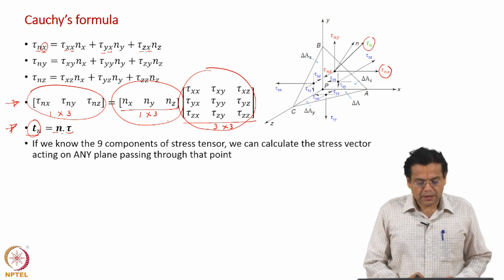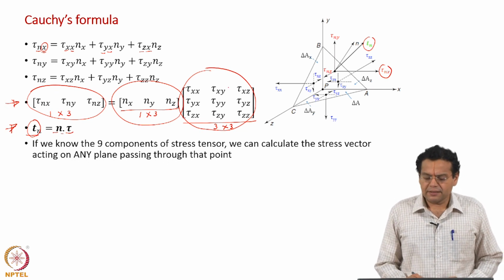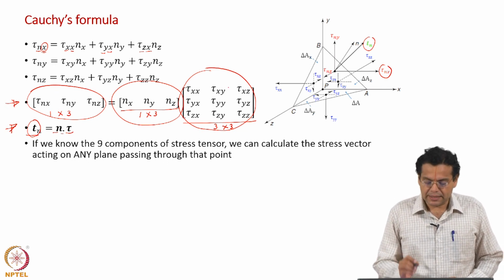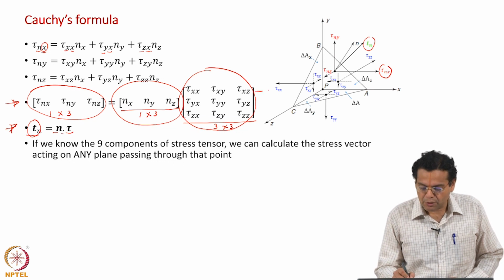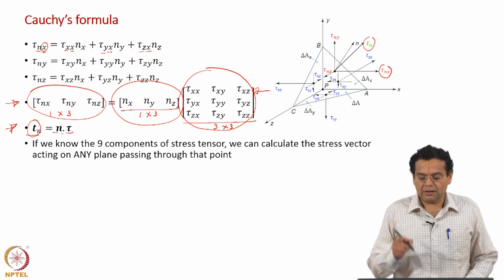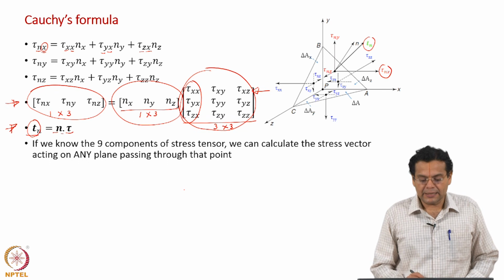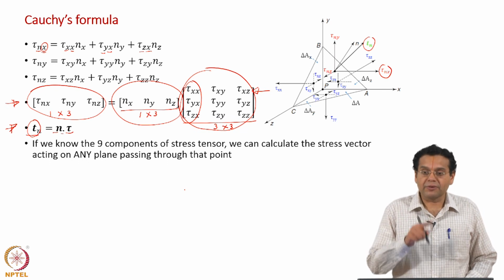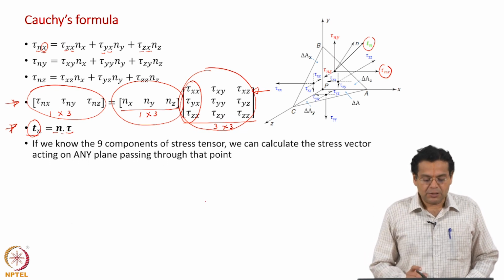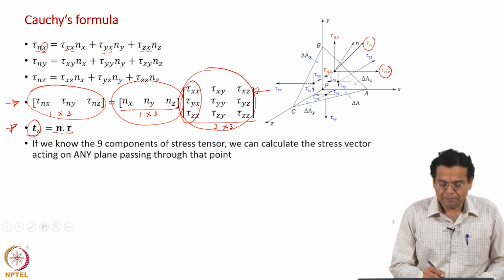And I would also like to mention, if you look at the stress tensor, if you look at one row, what does it represent? Components of the stress vector acting on the x plane. If you look at one column, what does it represent? It represents the x component of 3 different stress vectors. The way in which you have arranged it nicely, when you multiply, what happens?